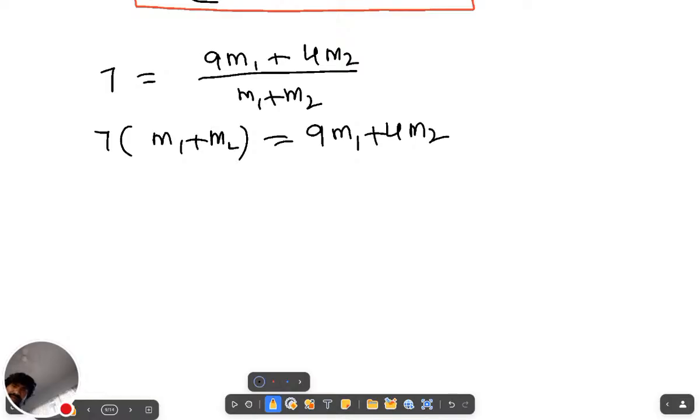Multiplying inside, 7 m1 plus 7 m2 equals 9 m1 plus 4 m2.